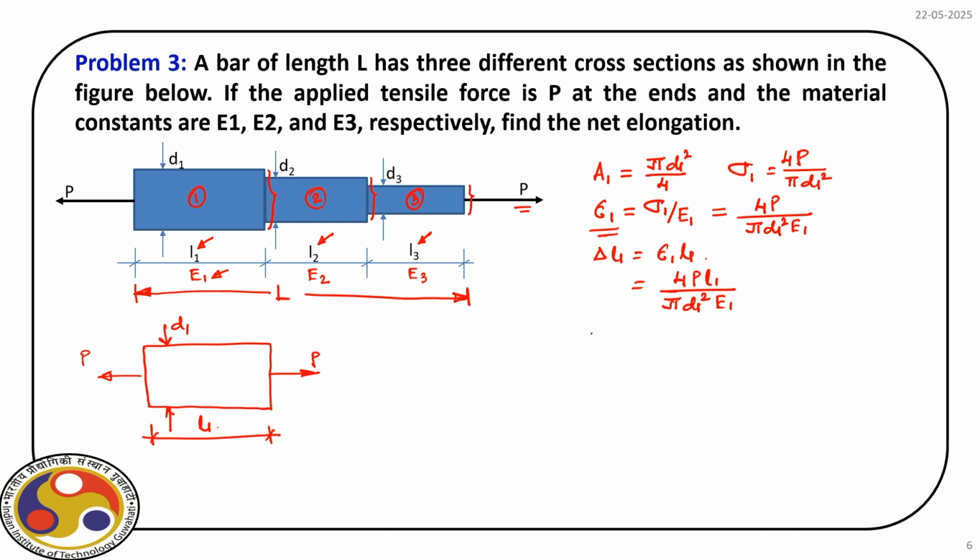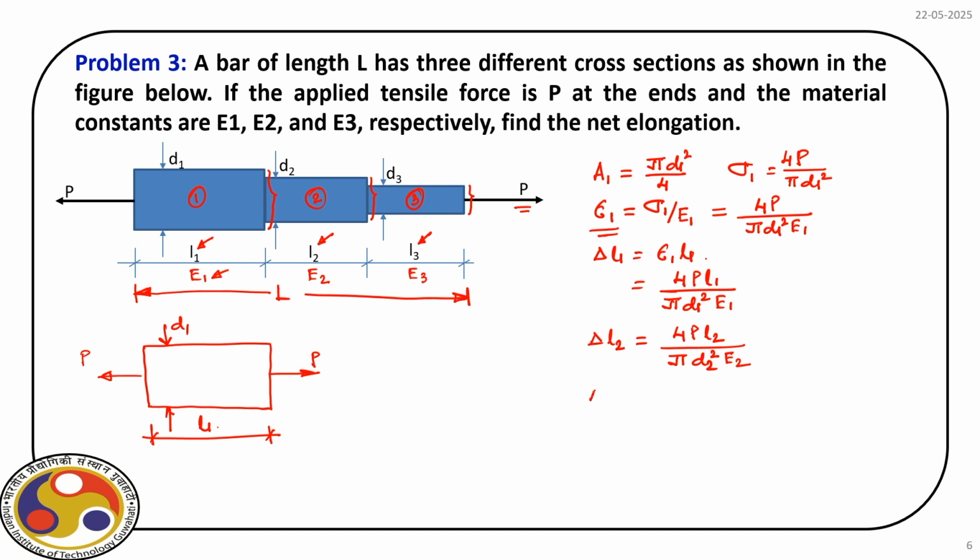Similarly, we can find out the elongation of segment 2, delta L2, which is 4 P L2 divided by pi D2 square E2.